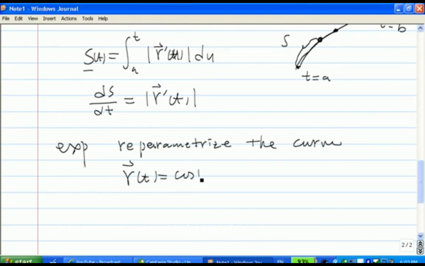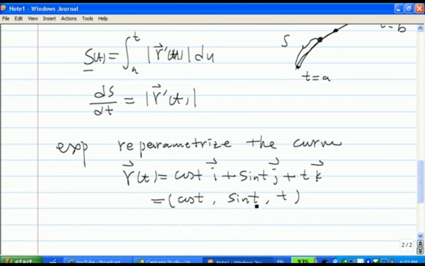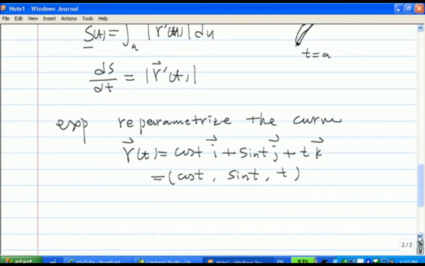This is cosine t i plus sine t j plus t k, or you can use a triple to describe this vector: cosine t, sine t, and t. I prefer to use the triple, it's simpler to write.